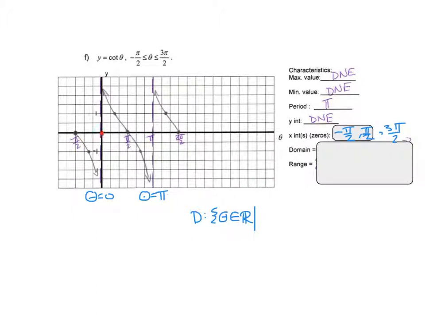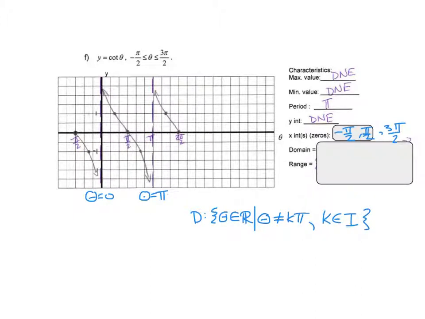If I were starting at 0, I'd go back to negative 1 pi, negative 2 pi. So I have to specify what it can't equal. So that's going to be theta cannot equal any multiple of pi. And to make that just a multiple, k has to be integers. K is an element of the integers.